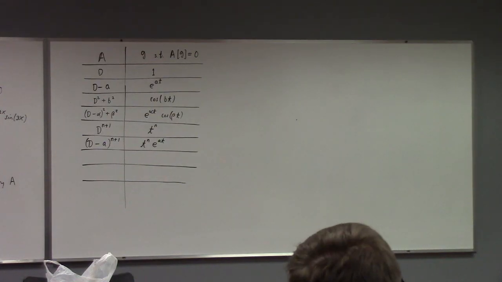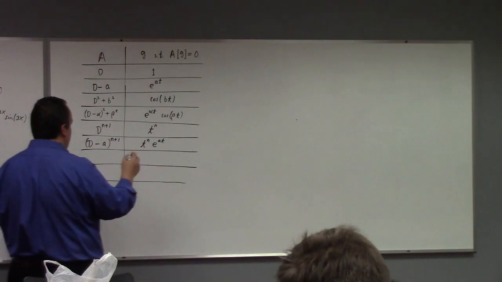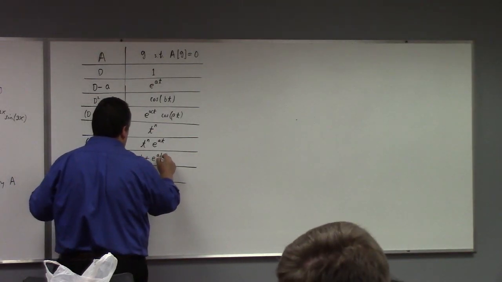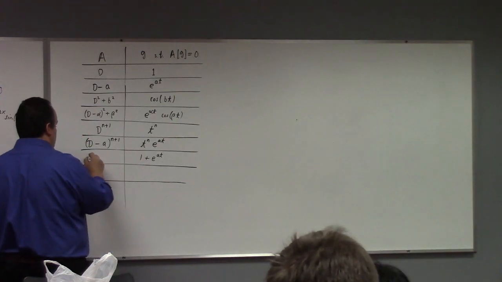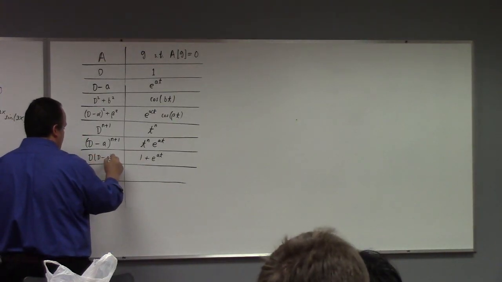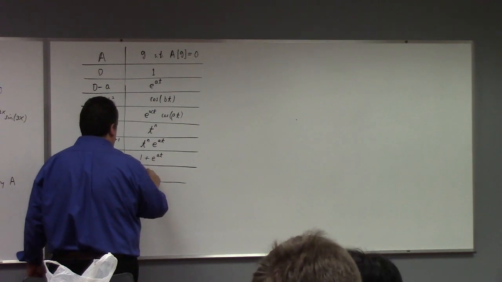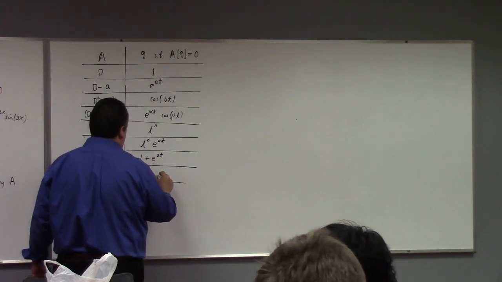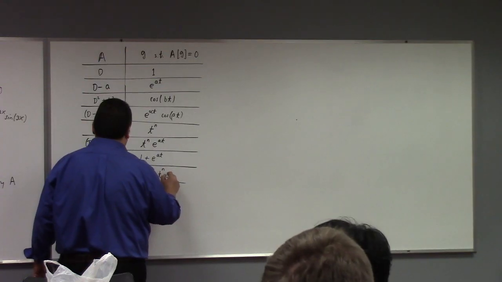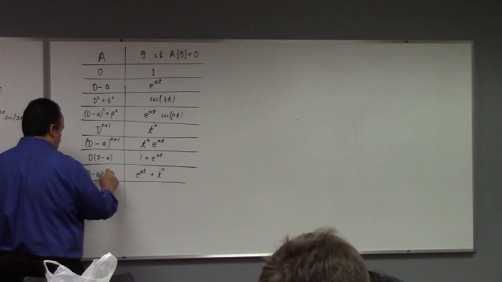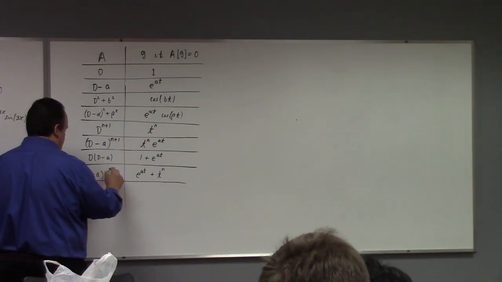And then we can mix and match. If you have 1 plus e to the at, then you do D times D minus a. If you have e to the at plus t to the n, then you do D minus a times D to the n plus 1.